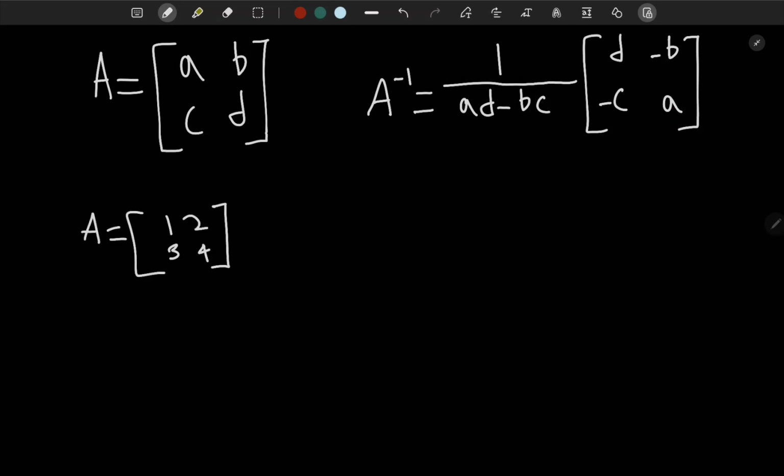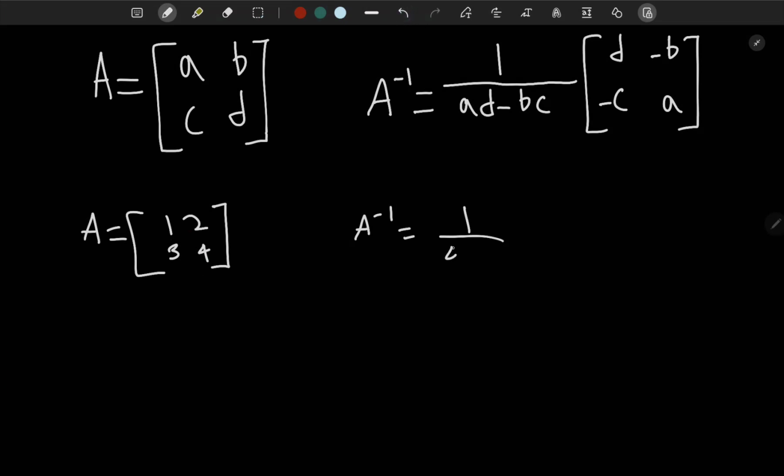So let's take an example of this here. So the A matrix is equal to 1, 2, 3, 4, and the inverse would be equal to 1 over A times D. So A is this element, let me highlight it, and D is this element here. So we need to times both of them.